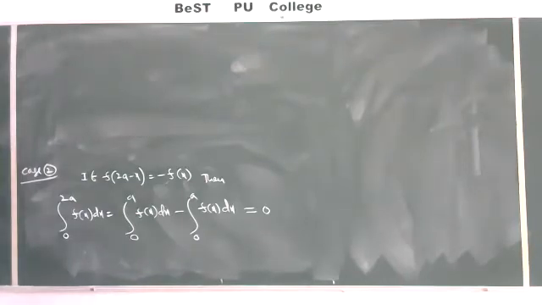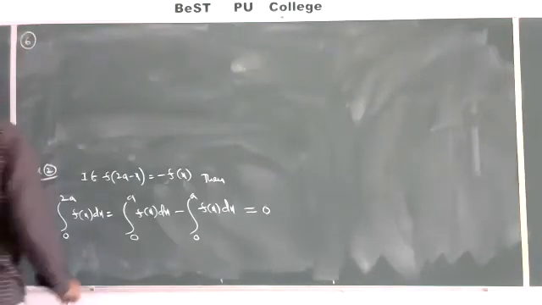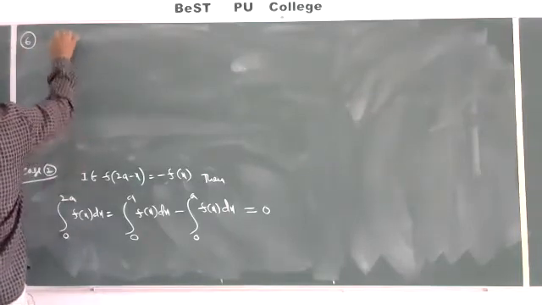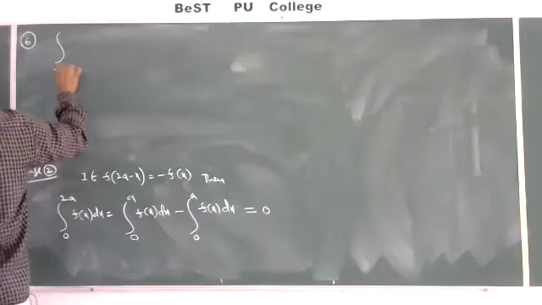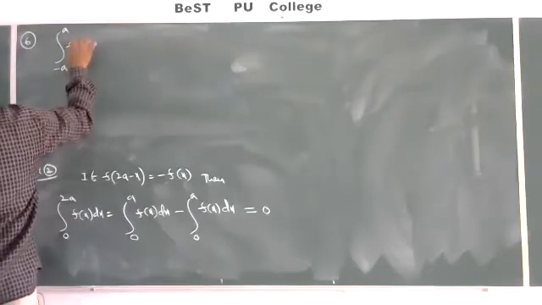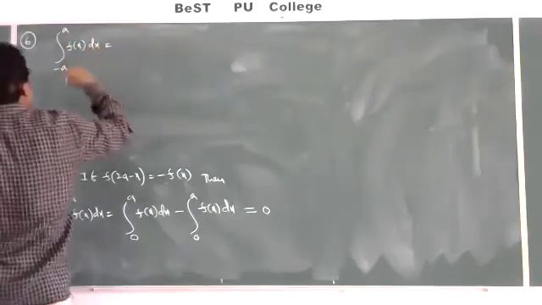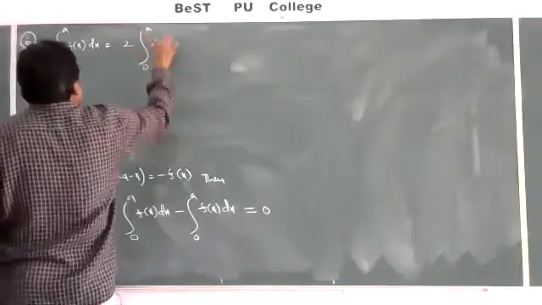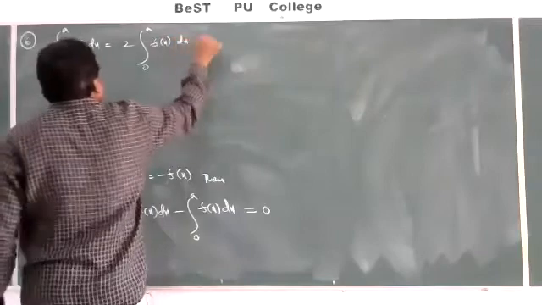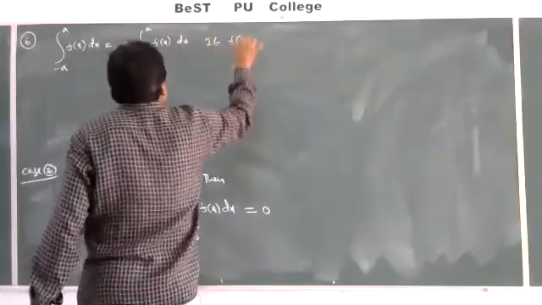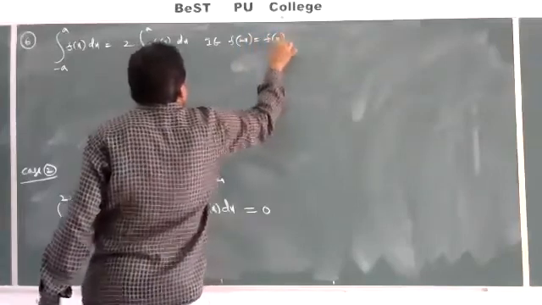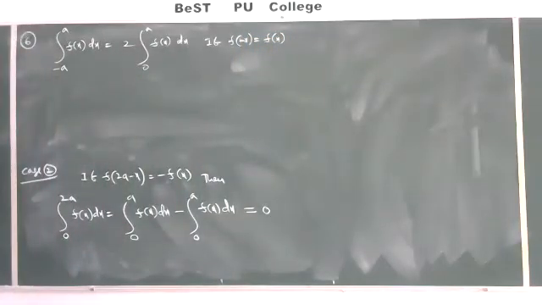Next, the sixth property. This is also very, very important. Integral minus a to a f of x dx is equal to 2 into integral 0 to a f of x dx if f of minus x is equal to f of x, that is an even function.